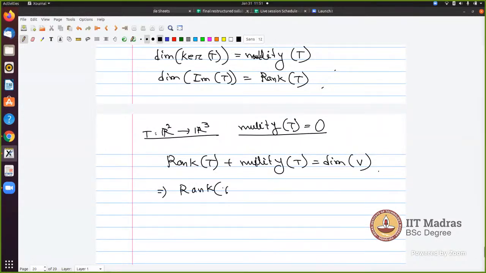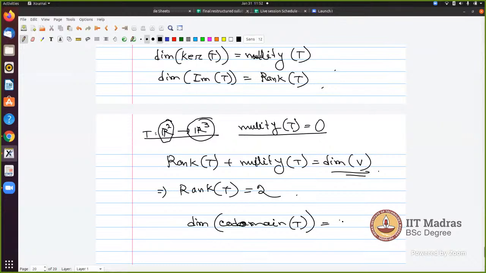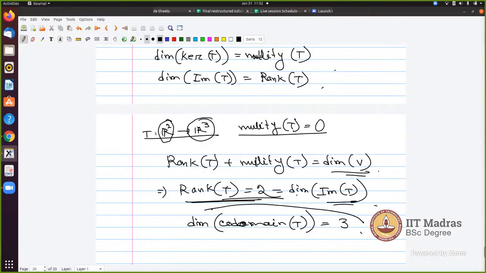The dimension of V was 2, so rank is 2. What is the dimension of the codomain? 3. Rank means the dimension of the image. It is less than the dimension of the codomain. So it is not surjective.